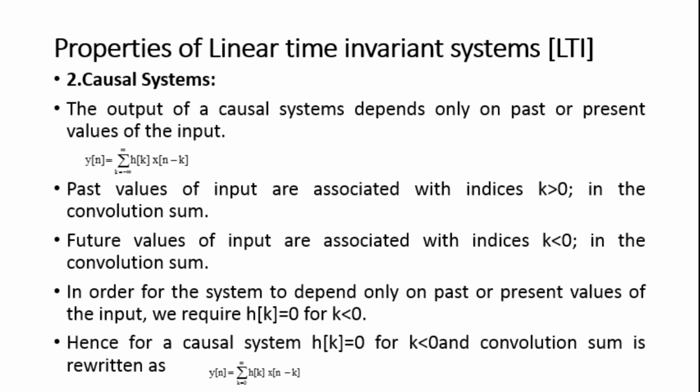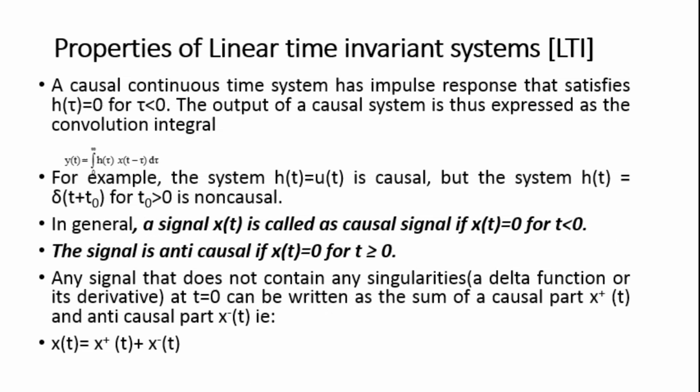Hence, for a causal system, h[k] = 0 for k less than 0, and the convolution sum is rewritten as y[n] = summation over k from 0 to ∞ of h[k] x[n − k]. A causal continuous time system has an impulse response that satisfies h(τ) = 0 for τ less than 0.